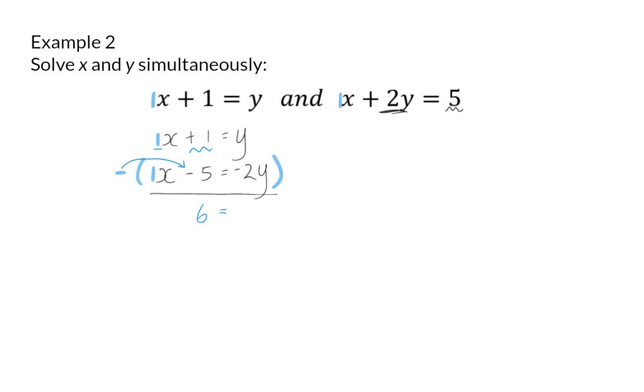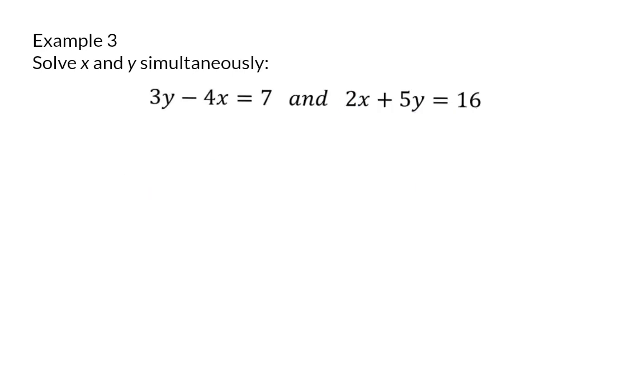And y minus minus 2y is y plus 2y to get to 3y. Therefore, y will be equal to 2. If again I choose to use my first equation and substitute y with 2, I will get an x value of 1.